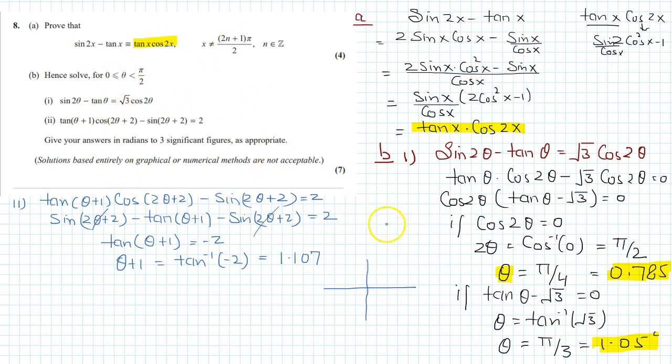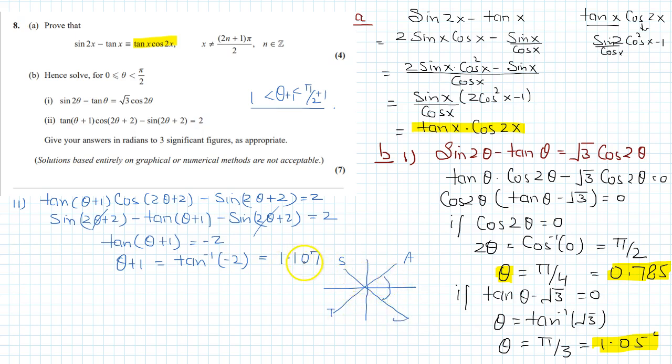So we have theta is in the range up to pi over 2, plus 1. This is negative. ASTC.